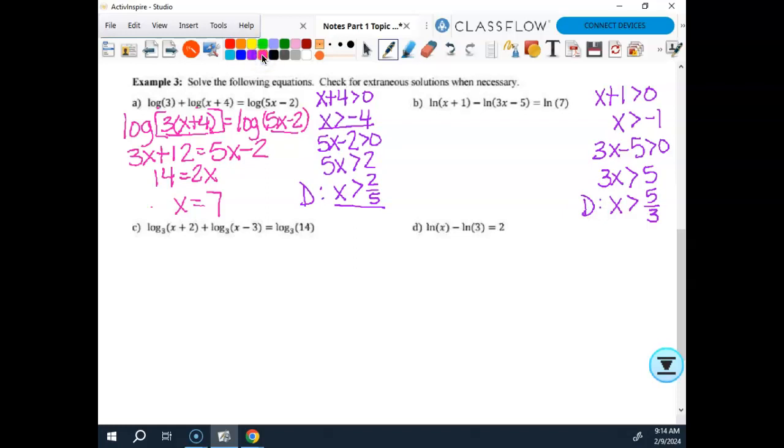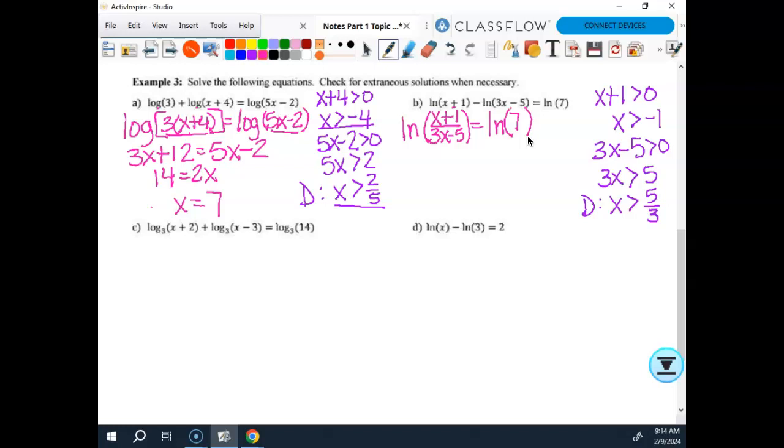Alrighty. So this is a natural log instead of a log, but that doesn't make anything any more complicated, right? I have these 2 and they're being subtracted, so that changes to 1 log with what? Division. So this is x plus 1 over 3x minus 5 equals the natural log of 7. So now can I take them out of the logs?